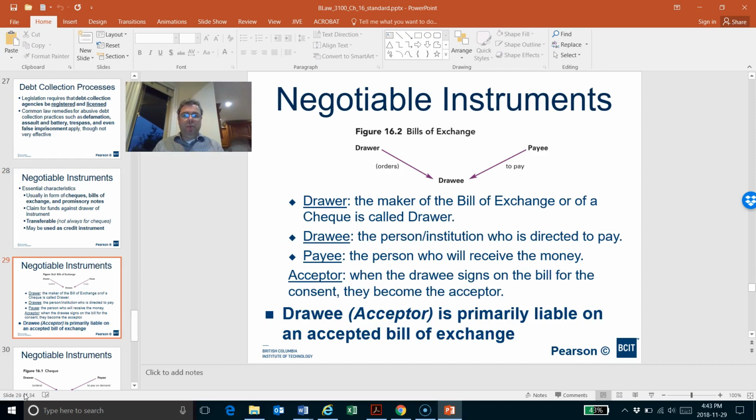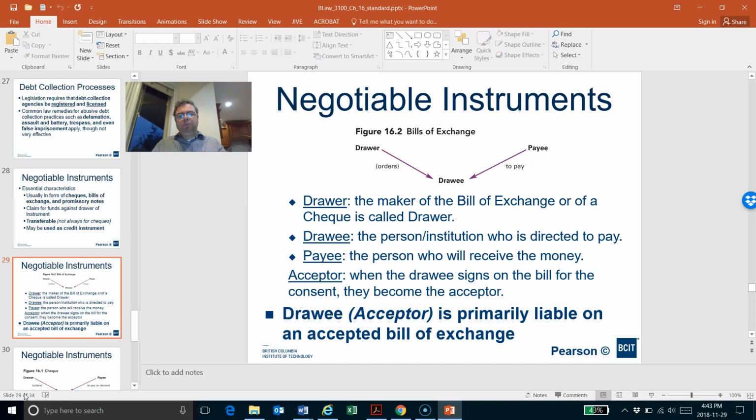Detailing it a bit more, for a bill of exchange, which will be similar to a check, the drawer is the one that makes the bill of exchange or the check. The drawee will be either a person or an institution who is directed to pay.